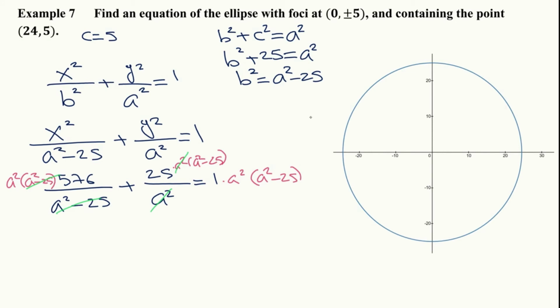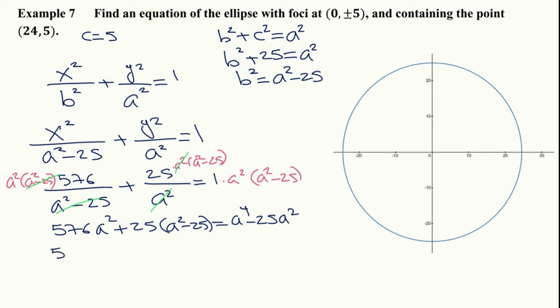So we get 576 a squared plus 25 times (a squared minus 25) equals, I'm going to go ahead and multiply the right side out, so I get a to the 4 minus 25 a squared. All right, so let's go ahead and multiply this 25 into this group here.